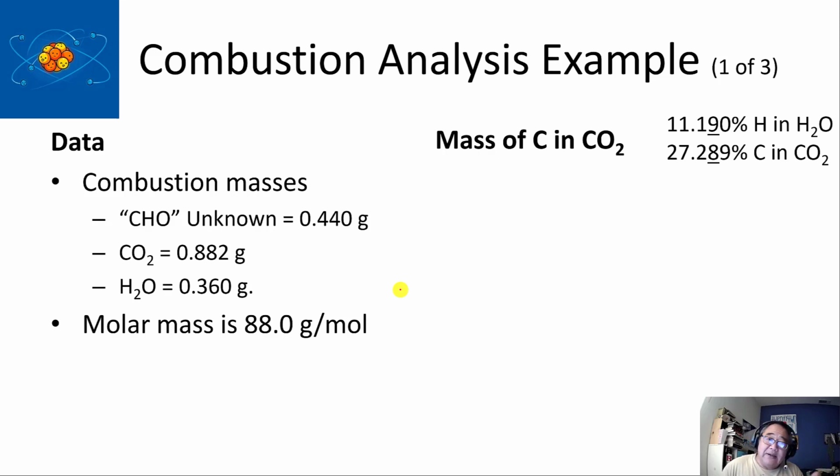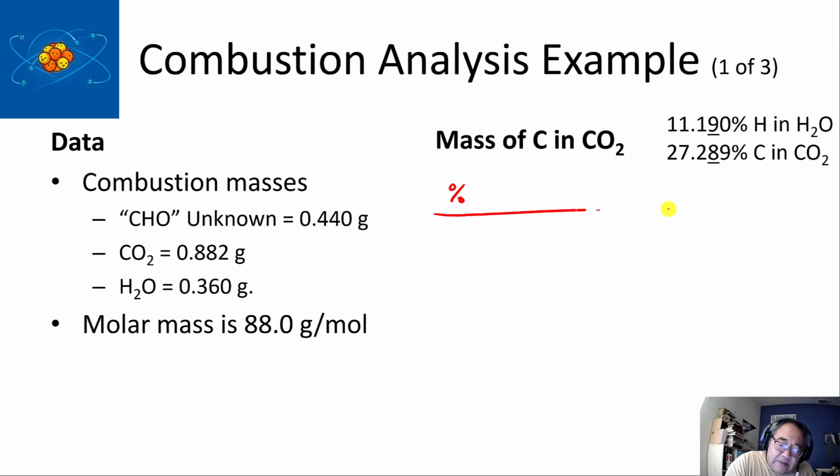Remember, because it's CO2, that percent mass never changes, and I always keep it handy, like in my calculator or on the back of a notebook, just in case I need it. So this is going to be using percent. And I have a 0.882 gram sample of CO2.